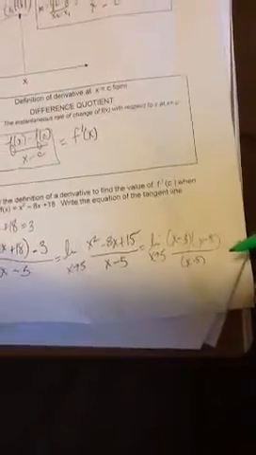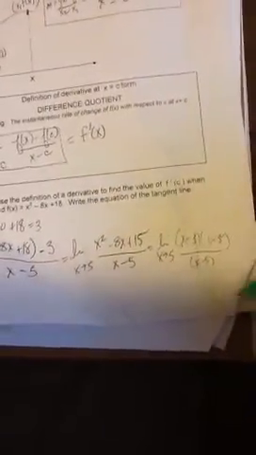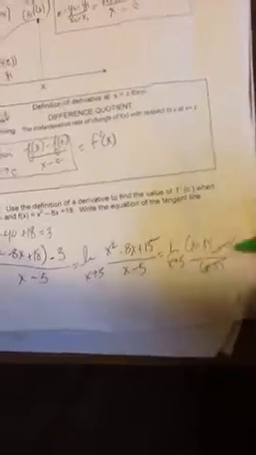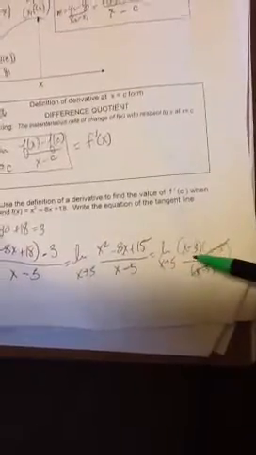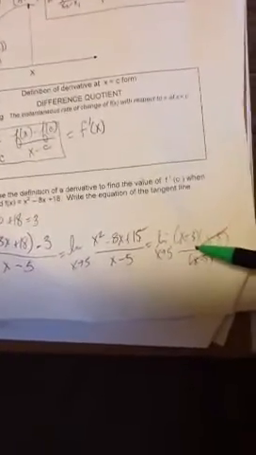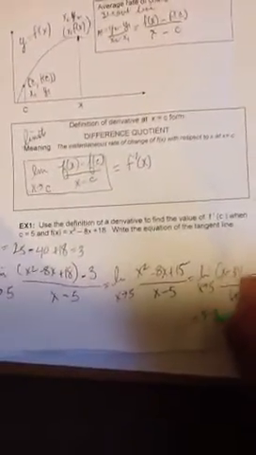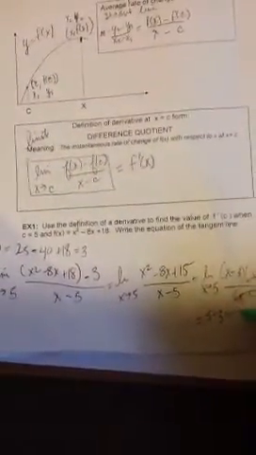So I have x minus 3 times x minus 5 over x minus 5. Boom, the x minus 5's cancel out. I'm left with the limit as x approaches 5 of x minus 3. Now I could just plug in. That's going to end up being 5 minus 3. 5 minus 3 is 2.